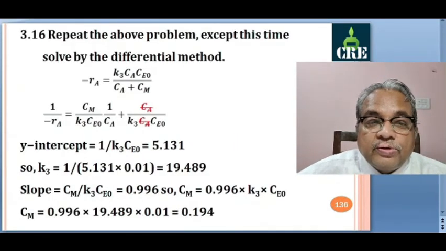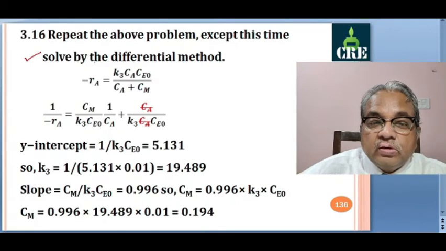Now we have to repeat this same problem, and now we will solve by differential method of analysis. We have seen in differential method of analysis we can rearrange this by inverting it. So 1 upon minus Ra is equal to Cm by K3 Ce0 into 1 upon Ca plus Ca by K3 Ca Ce0, Ca cancels out, so 1 upon K3 into Ce0.